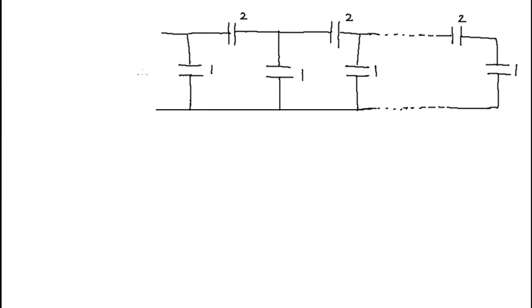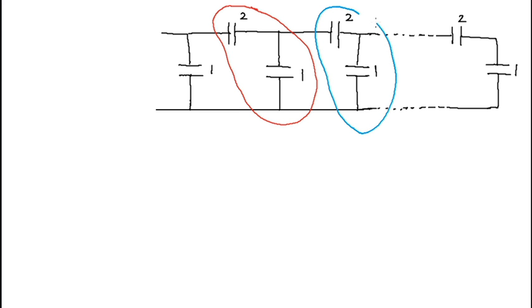Now if you look at this circuit, you realize that once again you have an infinite number of recurring units. That is, we have a unit of 2 microfarads and 1 microfarad which repeats over here, and it repeats an infinite number of times, and finally it ends in a similar unit over here.